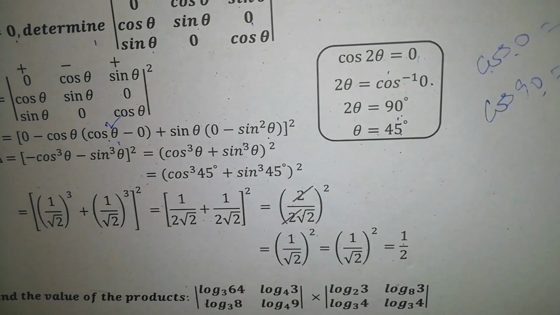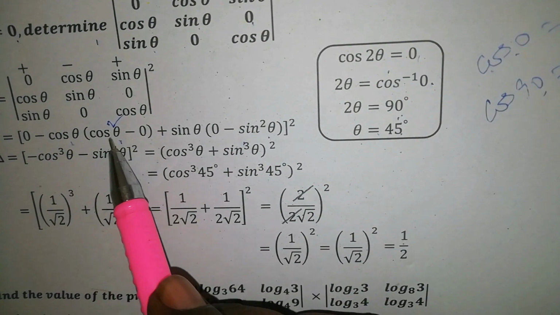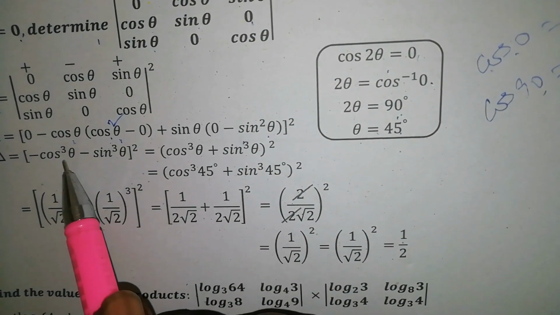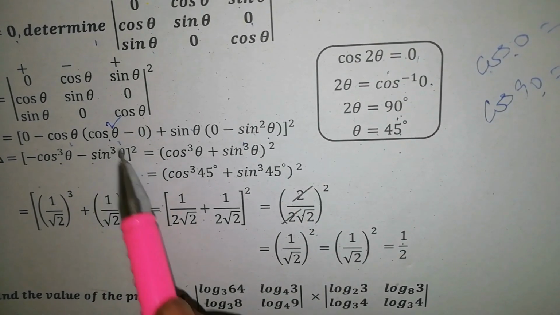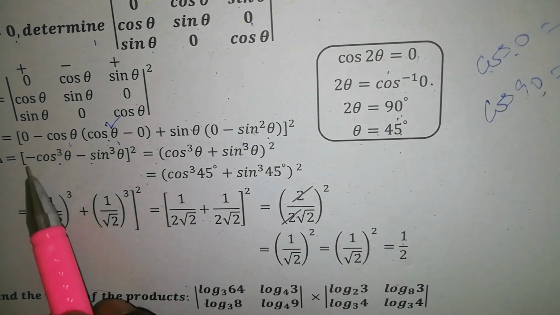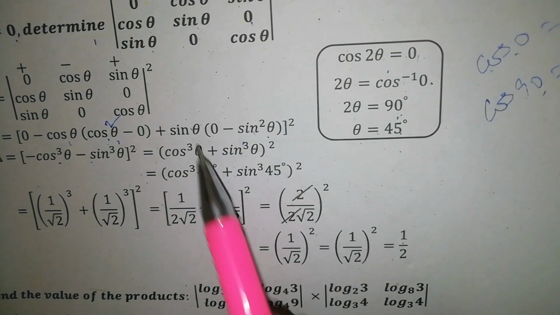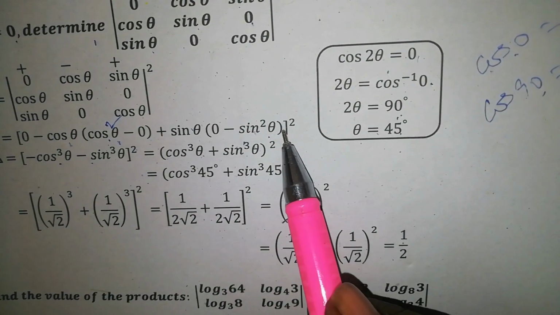Next we can put 0. Next sin theta means 0 minus sin square theta. So cos into cos square is minus cos cube, sin into minus sin square is minus sin cube, whole square. So take out the minus common: cos cube plus sin cube.